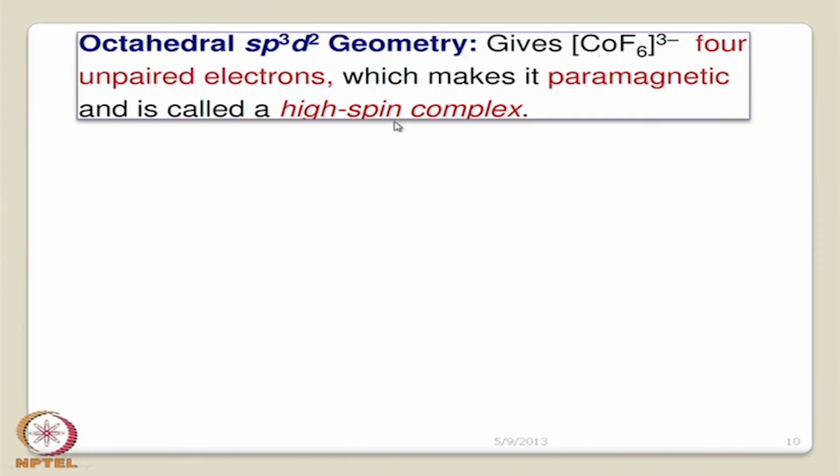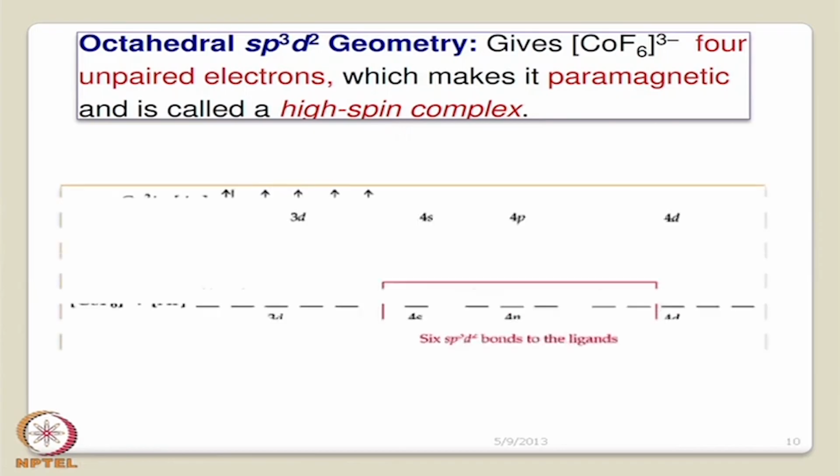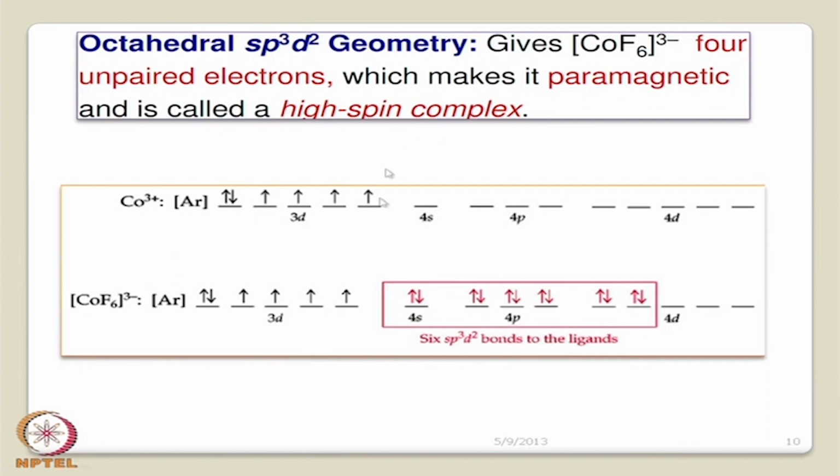So this particular compound, where the maximum possible paramagnetism is available, we consider as a high spin compound. So the utilized levels are s, p and 4d levels now. The utilized levels are 4d z square and 4d x square minus y square, giving rise to 6 sp3d2 bonds to the ligands.